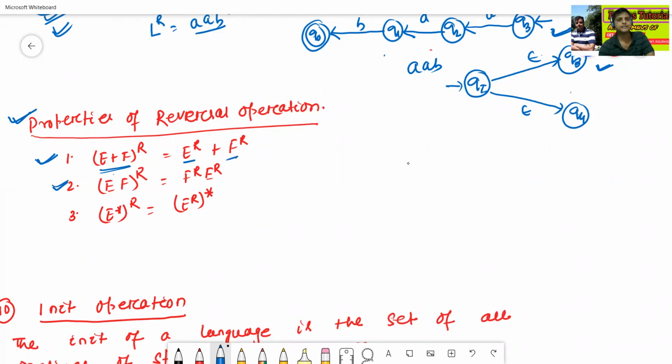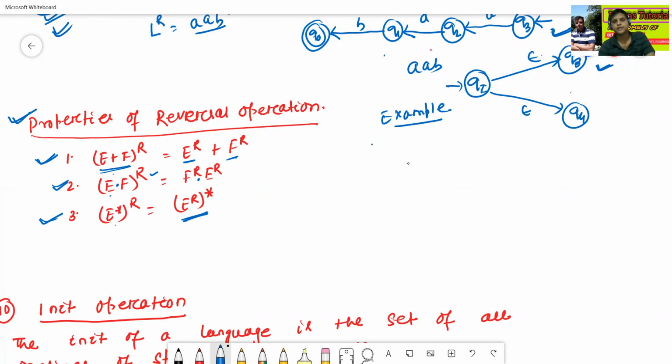The second property is (E dot F) reverse is equal to F reverse dot E reverse. Then the third property is (E star) reverse equal to (E reverse) whole star.